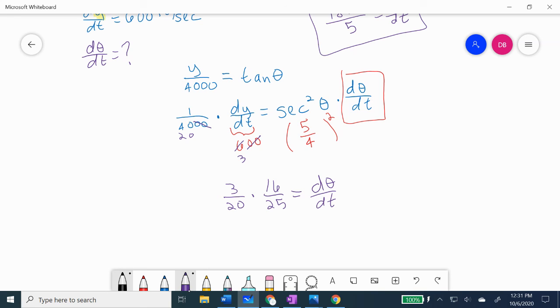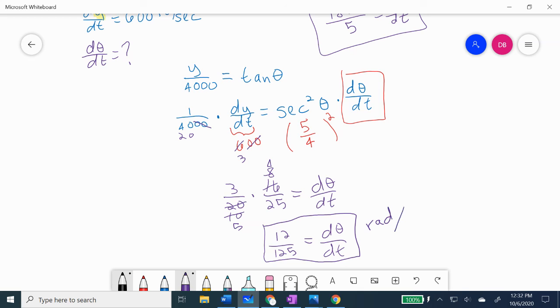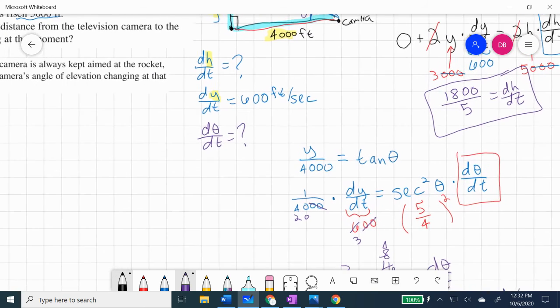I can simplify a little bit here, divide by 2 again. And now I have 12 over 125. That is my d theta dt. It's a positive rate of change, and that makes sense with the problem. The angle is increasing, and the units on it are radians per whatever the unit of time was, seconds.